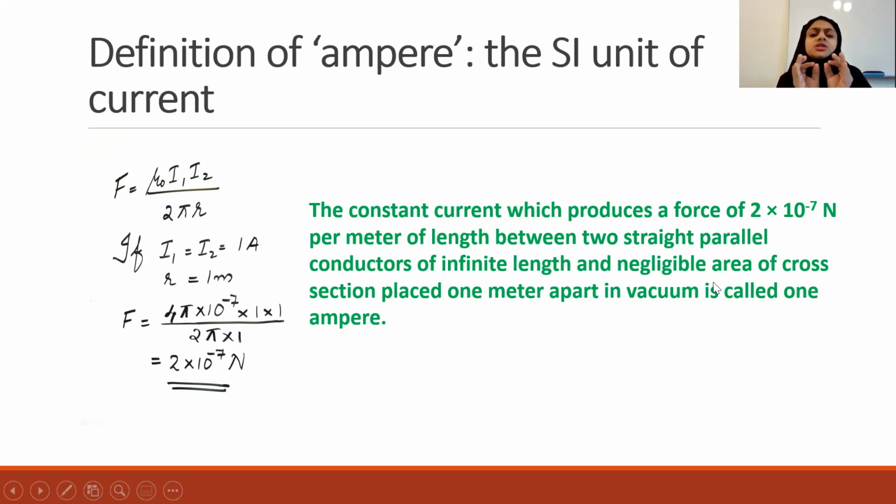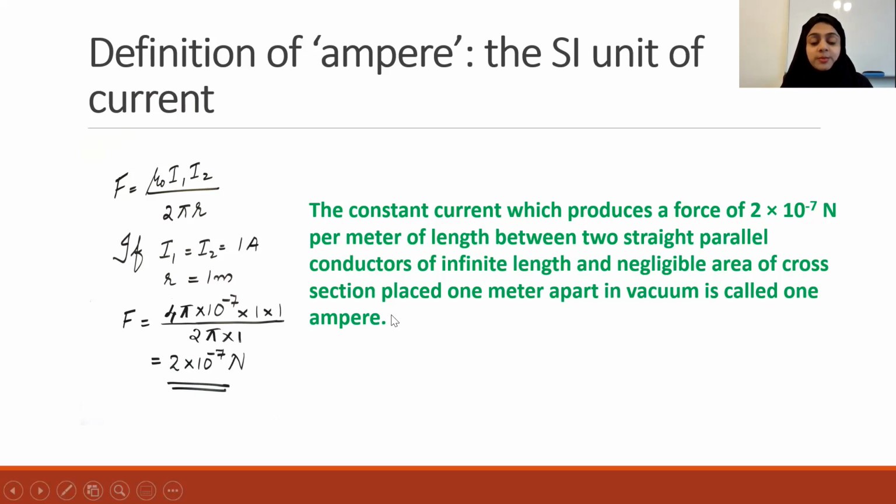And of negligible area of cross section placed 1 meter apart, which means r is equal to 1 meter. In vacuum, it's important to mention that it is in vacuum because mu naught is equal to 4 pi into 10 raised to minus 7 in vacuum. This is the value of permeability in vacuum or free space.